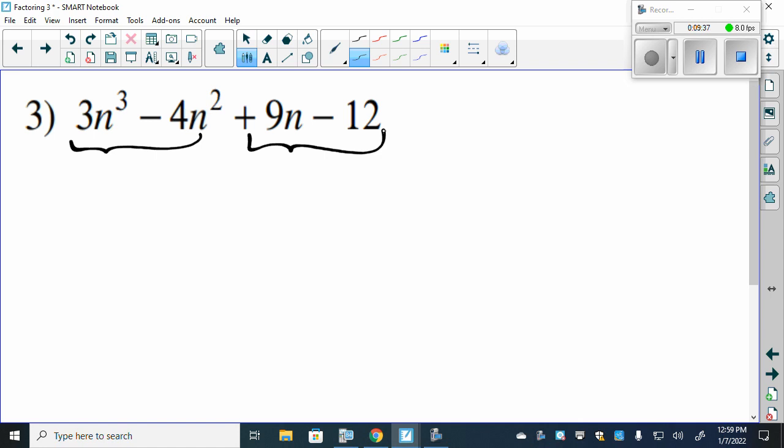N squared. Because that's about the only thing they do have in common. If I factor n squared out of 3n cubed, I'm left with 3n. And if we factor n squared out of 4n squared, we're left with 4.